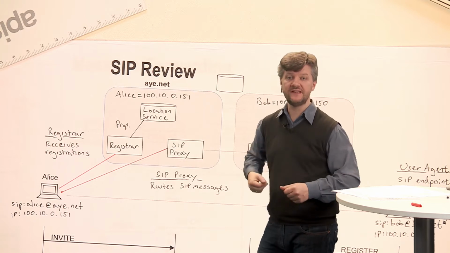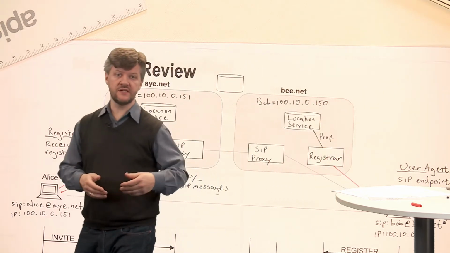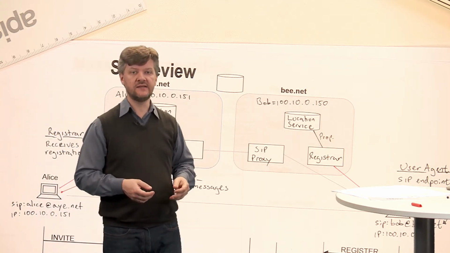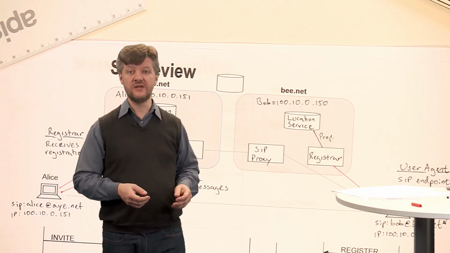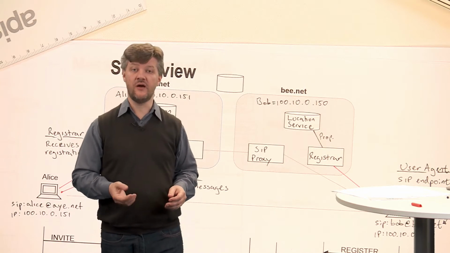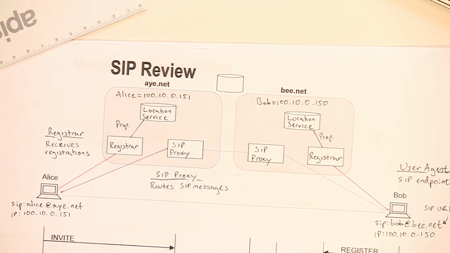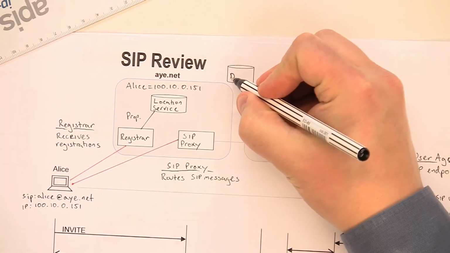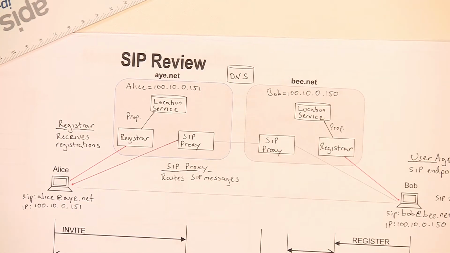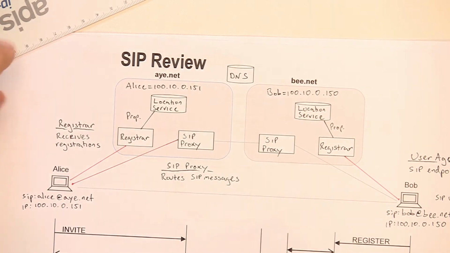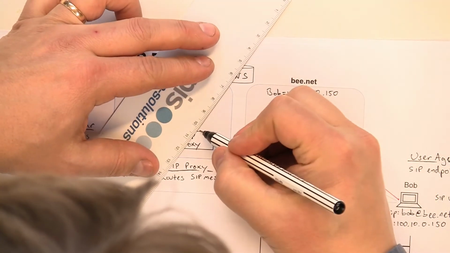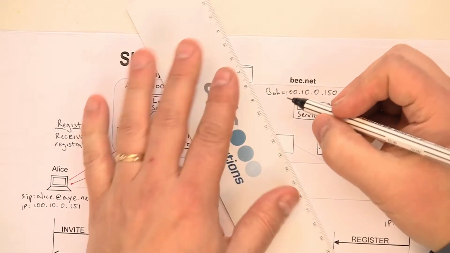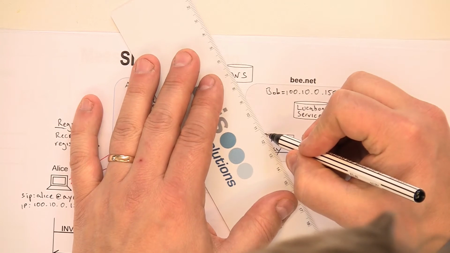But her SIP proxy needs to find the SIP proxy of the B.net domain, right? How does it do that? Well, remember how I said we reuse technology that has worked very well on the internet? Well, up here we have the DNS. So I will put in lines from the A.net SIP proxy to the DNS and the B.net SIP proxy.